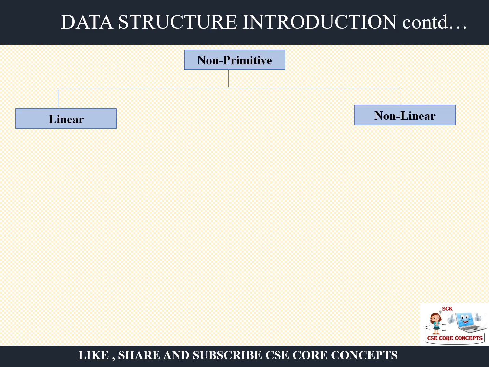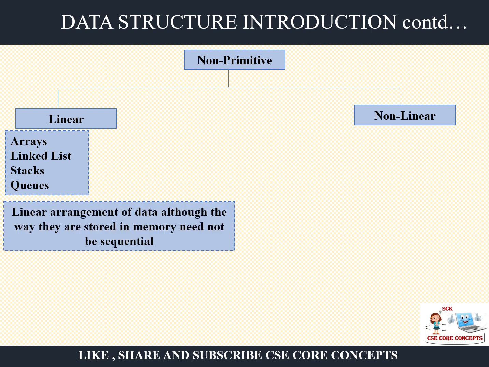Now, if I have certain other types of data which I need to store apart from this, that comes under the category of non-primitive. Non-primitive is actually of two categories, linear or non-linear. In linear data structures come your array, linked list, stacks and queues, where linear arrangement means that the data is stored in a linear order in the memory, in a sequential order.